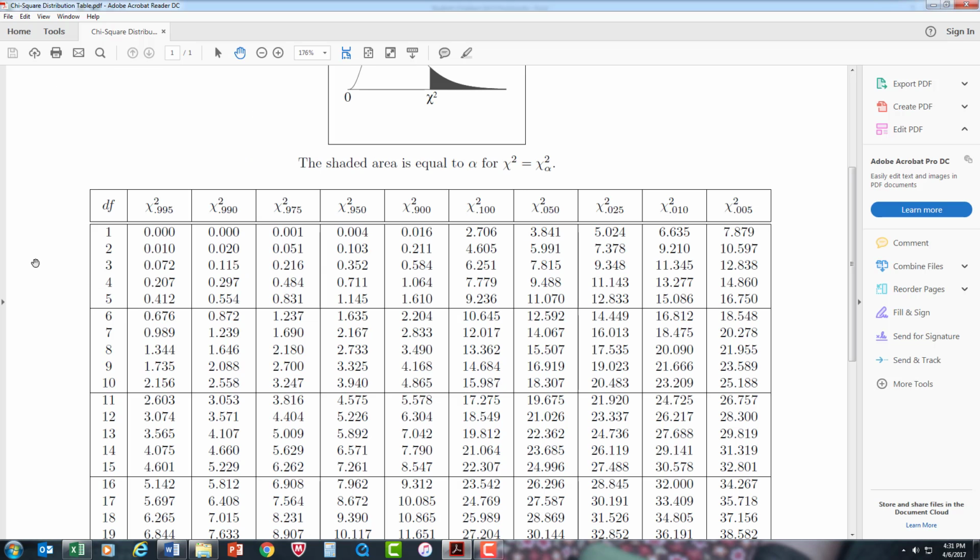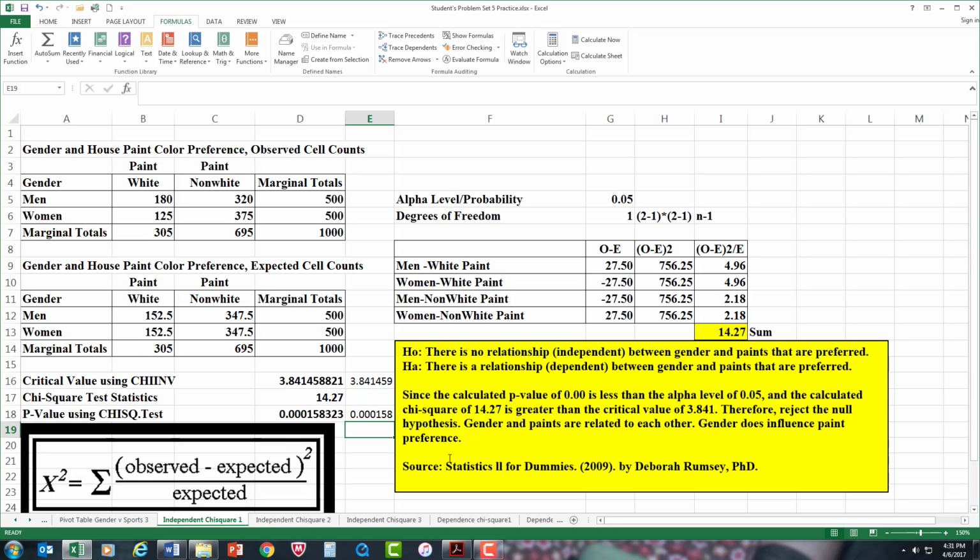So if you go to a chi-square table, go to degree of freedom 1, scroll over to 0.05, and there's the same number, 3.841. And therefore, we are going to reject the null hypothesis. Gender and paints are related to each other, and gender possibly does influence your paint preference. Remember, this is only measuring the relationship. It's not measuring why there is a dependency upon gender in paint. For that you would have to do another study where you can ask people why.